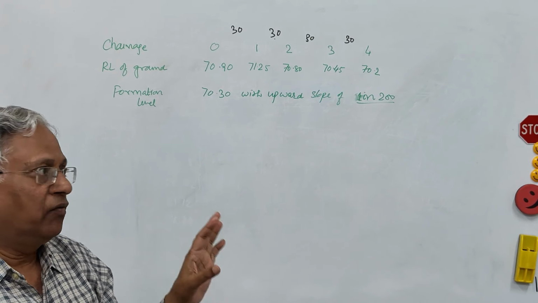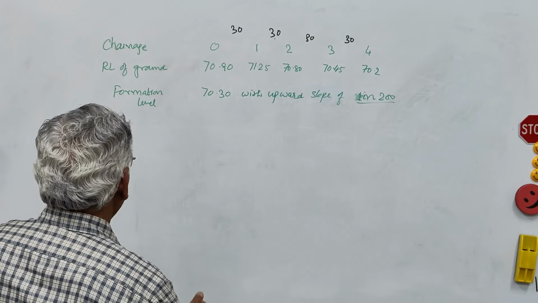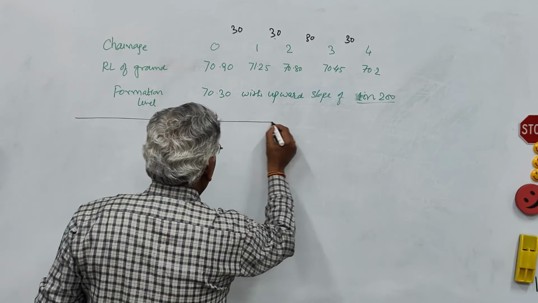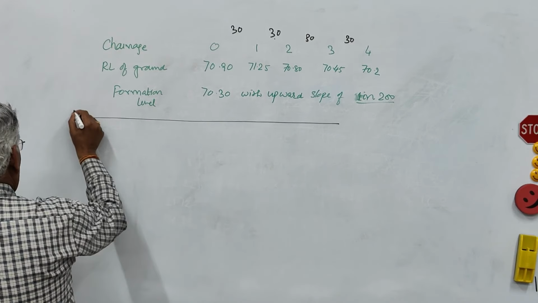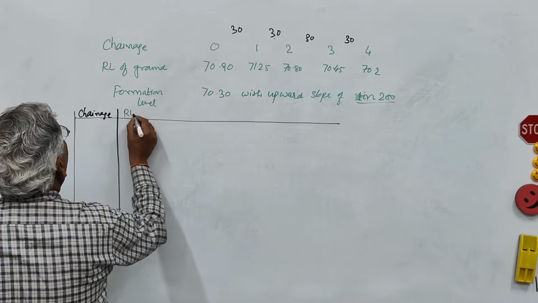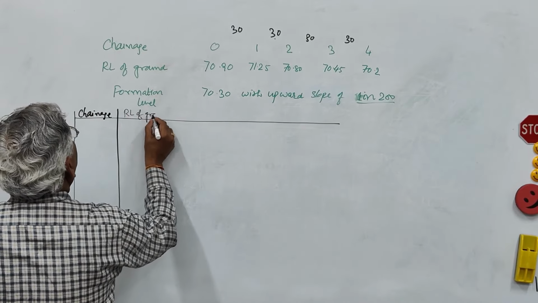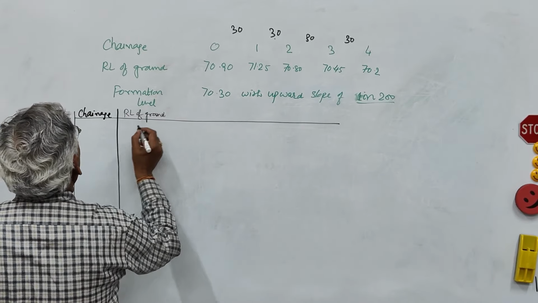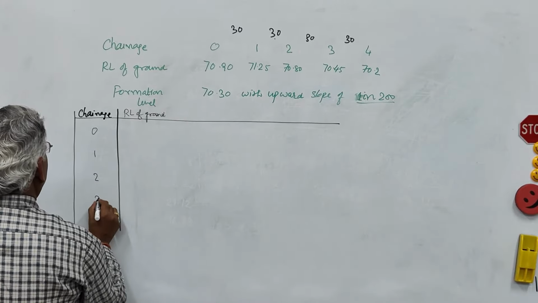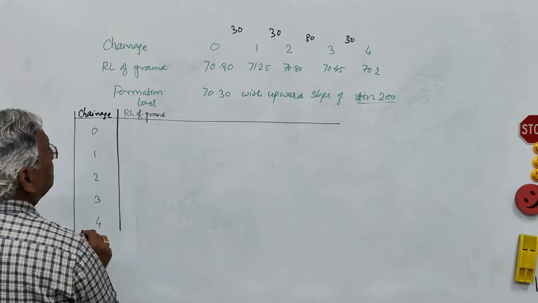Taking a very short example of 120 meter, but it can be longer also. So again, we make a table here. That is your chainage and RL of ground. So chainage is 0, 1, 2, 3 and 4.